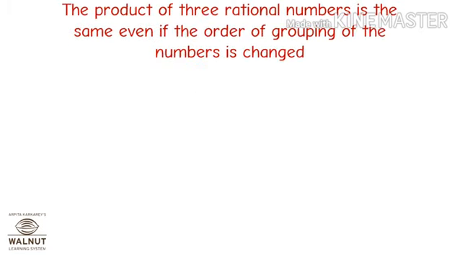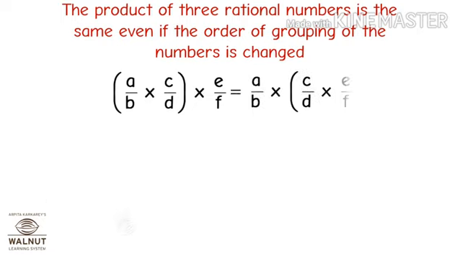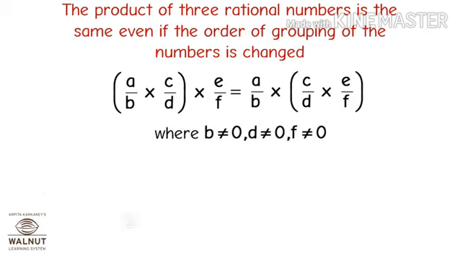The product of three rational numbers is the same even if the order of grouping of the numbers is changed. (a/b × c/d) × e/f is equal to a/b × (c/d × e/f), where b is not equal to 0, d is not equal to 0 and f is not equal to 0.